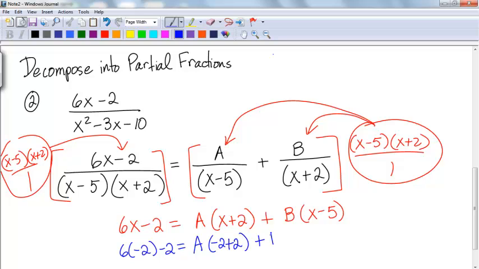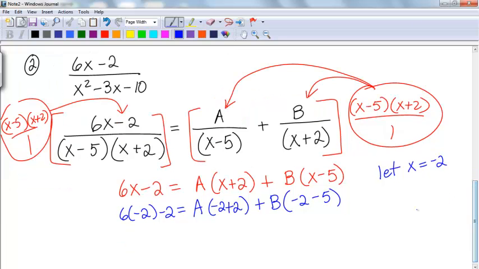So let x equal negative 2 all the way across. And you might make a note out there, let x equal negative 2. Okay, then you'd have negative 12 minus 2 would be negative 14. The A times 0, that drops out. And then you'd have B times a negative 7. Divide by negative 7. And B should equal a positive 2. Okay? B equals a positive 2.